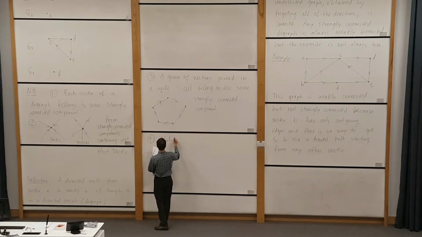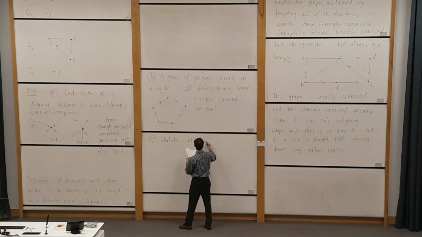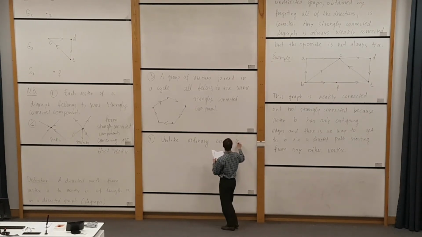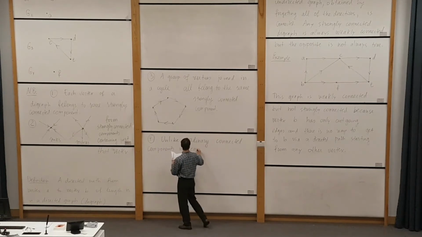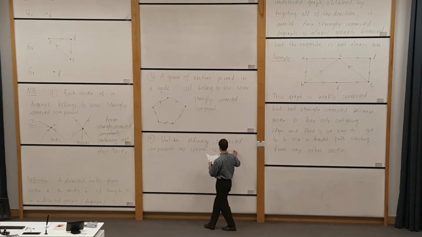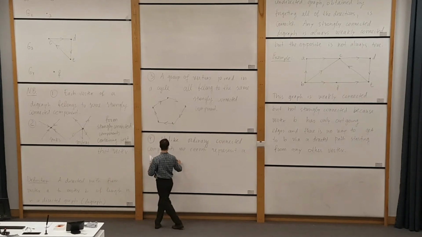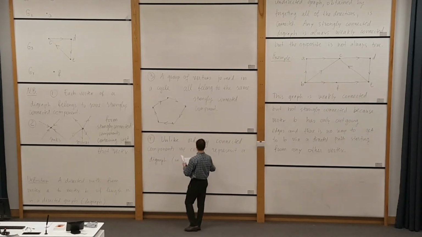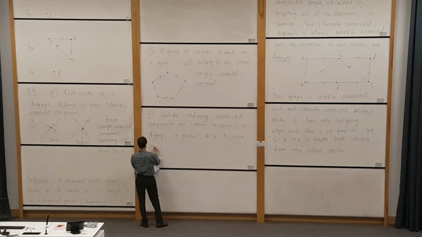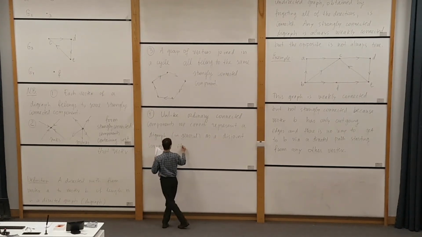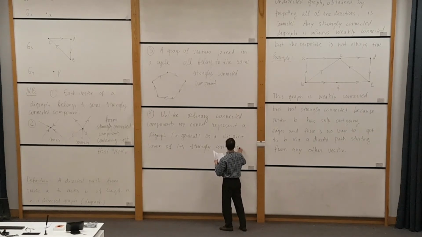So let's write down: unlike ordinary connected components, we cannot represent a directed graph, in general, as a disjoint union of its strongly connected components.